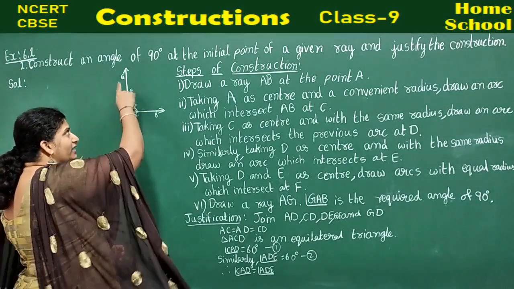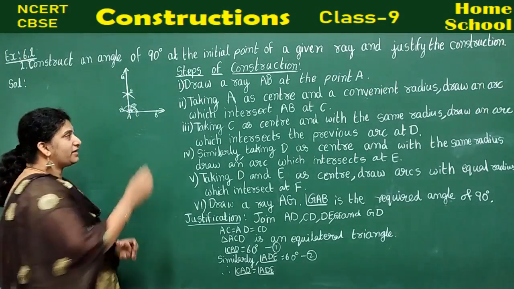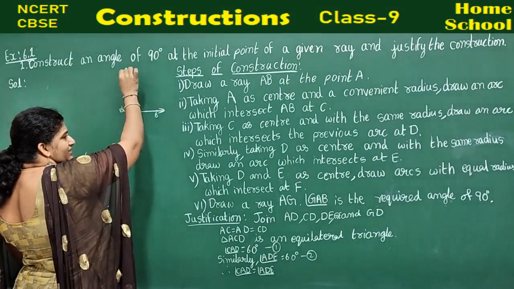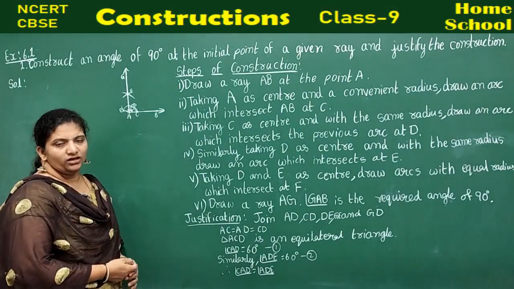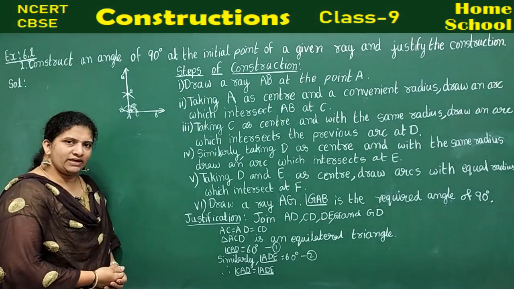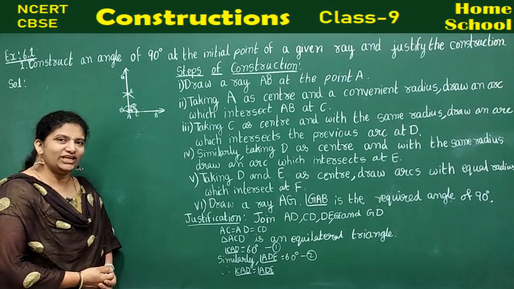Extend the line segment to get a ray. Now what angle is created? Angle GAB is equal to 90 degrees. That is the construction we need to do.